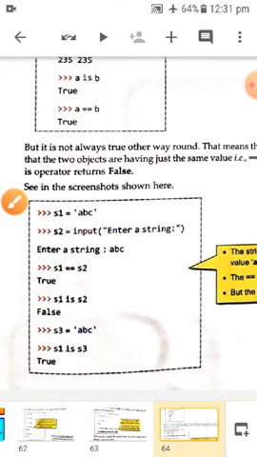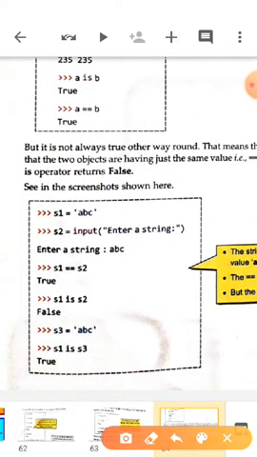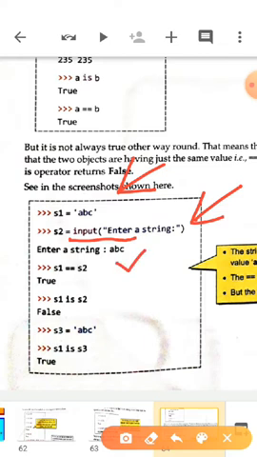Now see children, let's discuss this example. s1 is equal to abc. abc is a string. Now s2 is also a variable. In this s2 is asking for a variable and you are giving abc. So see, here this is a string literal and this is a string. So s1 == s2?